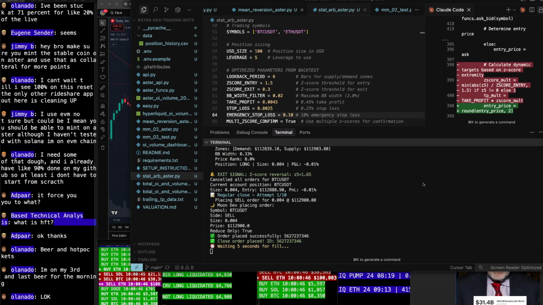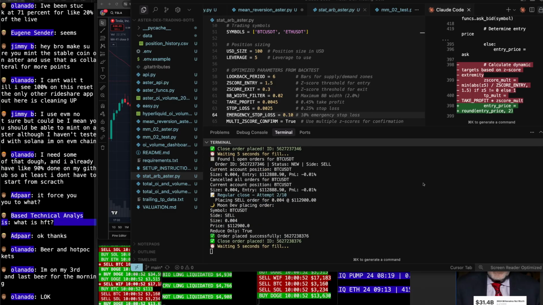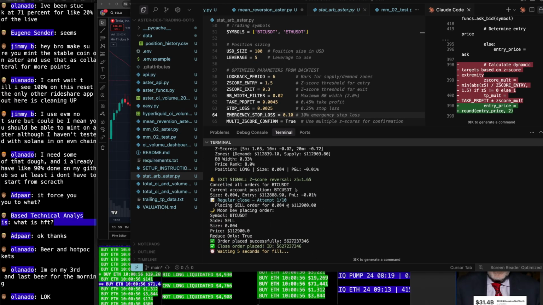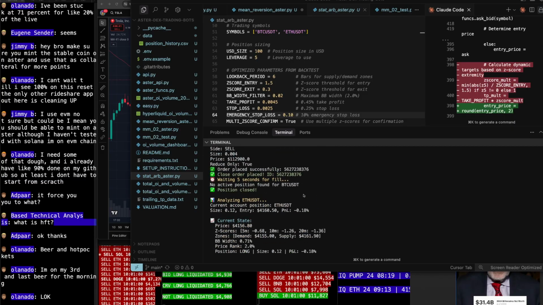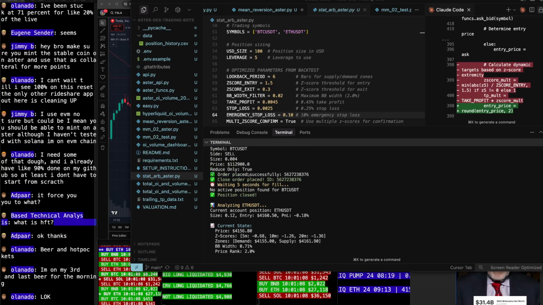Waiting to fill. So I wonder why. Exit signal, Z-score. Next run in 60 seconds. It did not close the ETH. So P&L here, it closed the BTC, but it did not close the ETH.